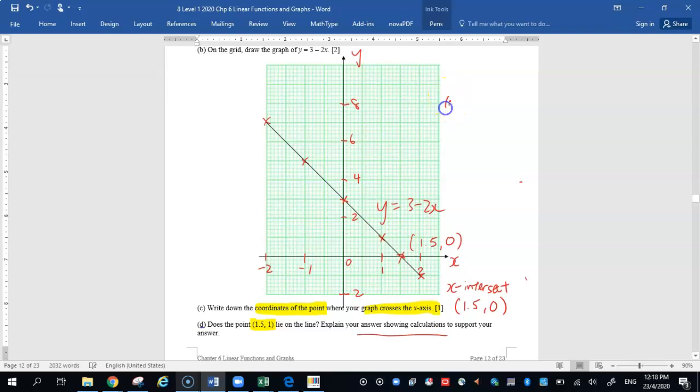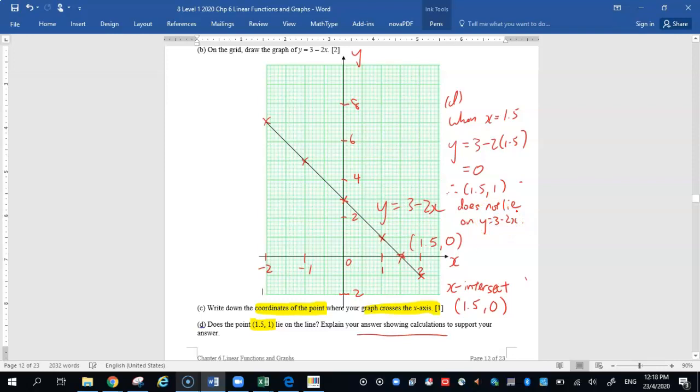So I'll write here, when x equals 1.5, clearly, as shown in your graph, 3 minus 2 times 1.5 will give you 0, and therefore (1.5, 1) does not lie on y equals 3 minus 2x.